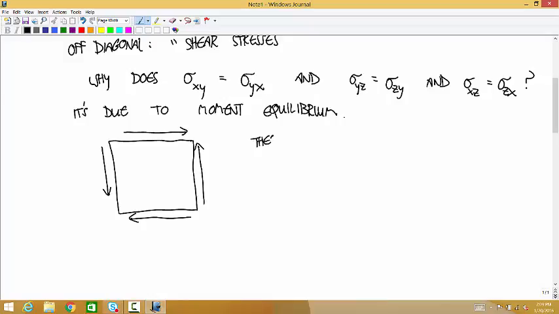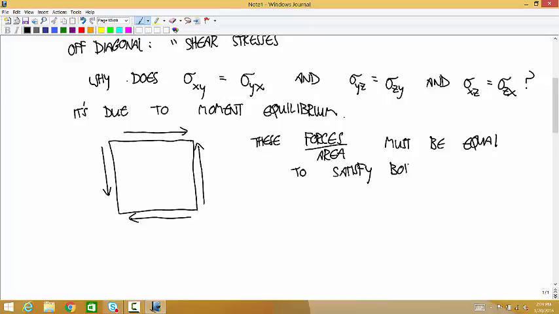So these forces, they're not really forces, but forces per area, must be equal to satisfy both sum of the forces equals 0 and sum of the moments about the center equals 0.